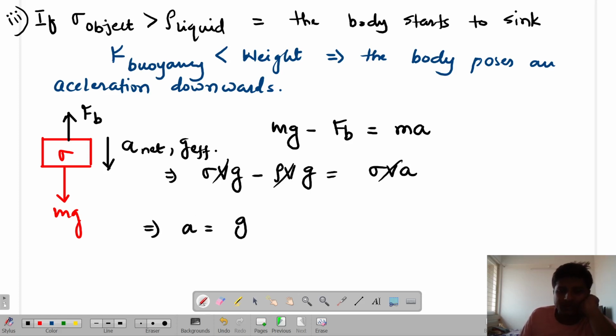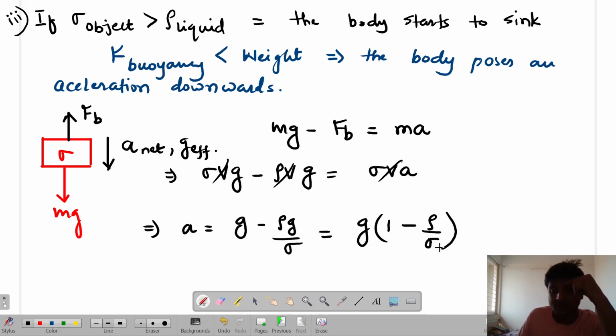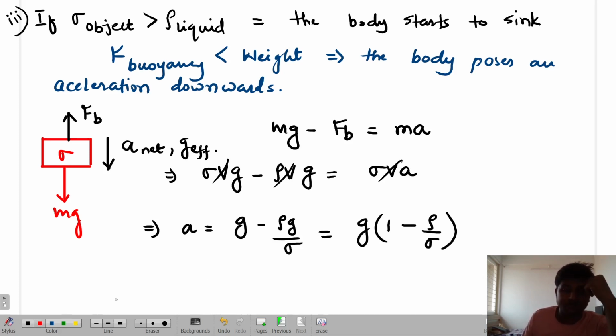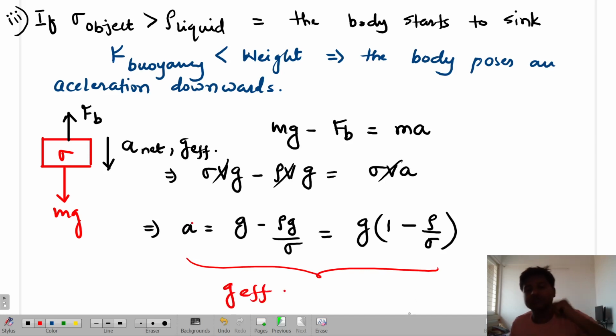Acceleration becomes g minus rho g by sigma, taking g common, it is g(1 minus rho by sigma), which is also known as g effective. This is the acceleration with which the block will accelerate downwards, and it can also be the acceleration with a negative sign if the block has a density less than the density of the liquid. Is that clear? So, a new concept.